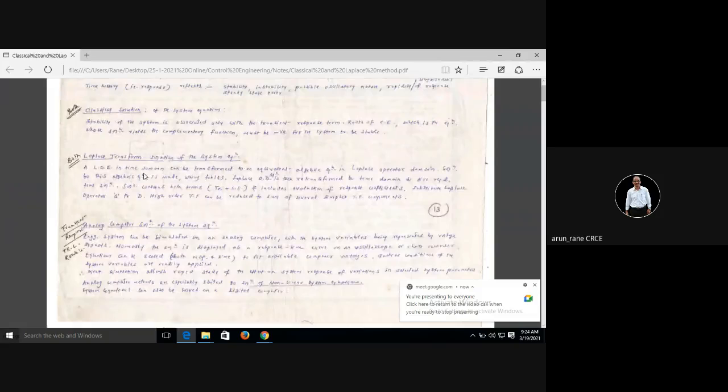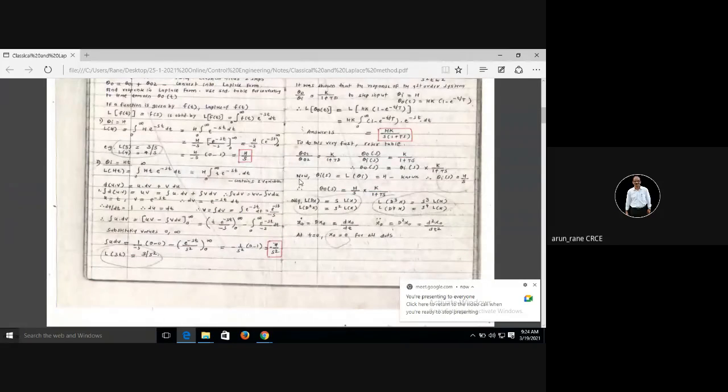So yesterday we were discussing this classical solution and the Laplace transform solution. Let us come to the numerical part.